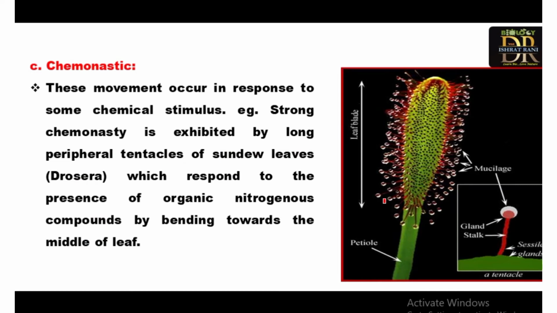Here is another movement, which is chemonastic. It can be observed in Drosera. You can see the tentacles, and there are chemical secretions in the glands of these tentacles. This type of movement is due to different types of chemicals. Strong chemonastic movement is observed in the peripheral tentacles of sundew leaves, which respond to the presence of nitrogenous compounds by bending towards the middle of the leaves.